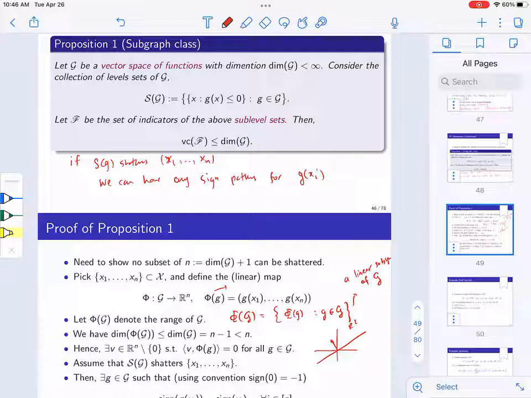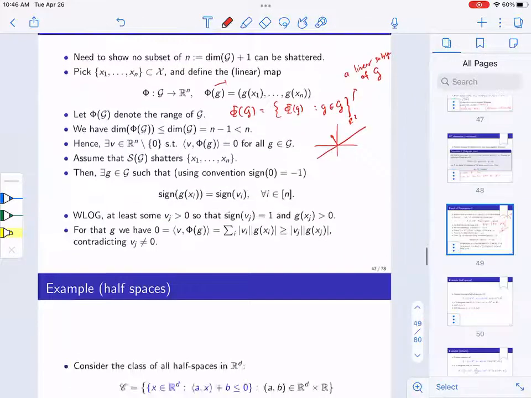So all possible patterns are possible, and I can reconstruct any sign pattern. So there exists a G whose sign pattern reproduces the sign pattern of this vector that I have. You can also define the sign of 0 to be -1.